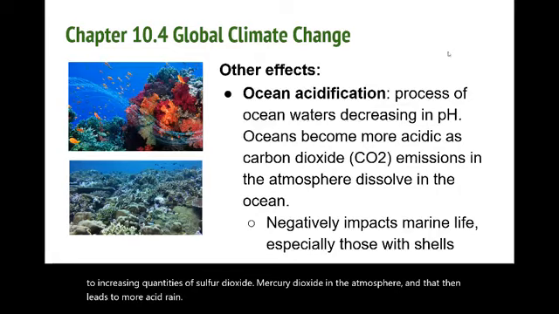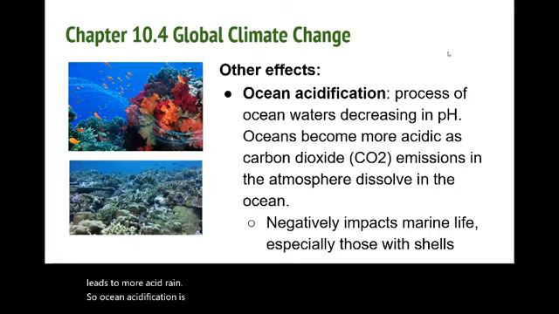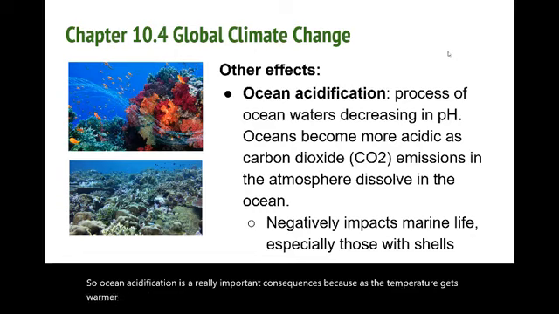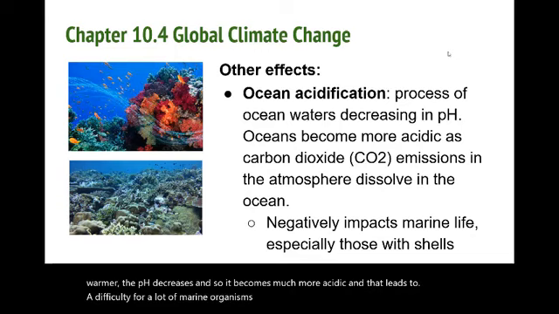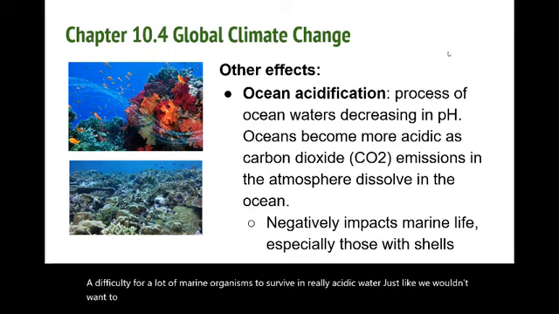Ocean acidification is a really important consequence because as the temperature gets warmer, the pH decreases, and so it becomes much more acidic, and that makes it difficult for a lot of marine organisms to survive. Just like we wouldn't want to be soaking in a strong acid, a lot of marine life has been negatively impacted because of the acidification of the ocean.